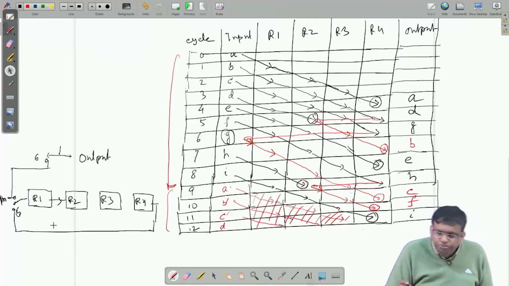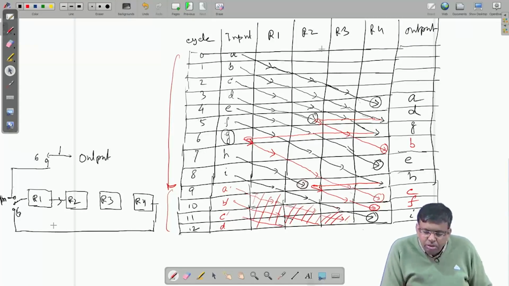R2 output, now look at this R2 column. R2 output, here it is going to in cycle 5 fellow D. This is consumed, means from R2 output it will be sent back to output port, and also here. Okay. From R2 output in cycle 9 it will be sent back to output, right.